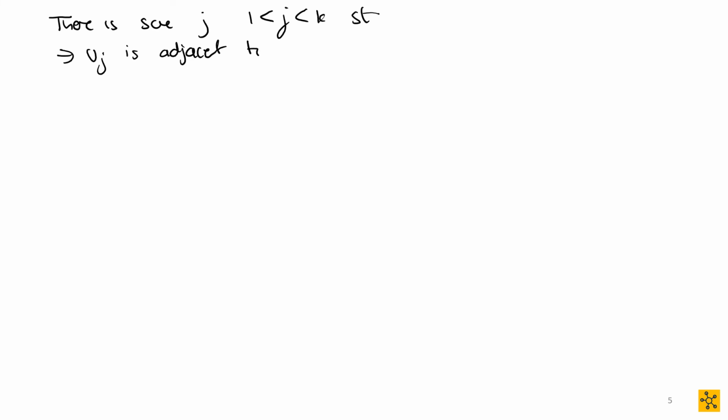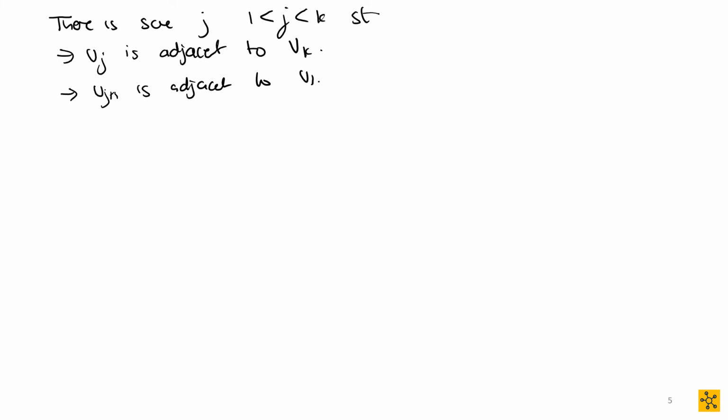We're not actually done yet, because what we've proven is that there is some j, where j is between 1 and k, such that Vj is adjacent to Vk and Vj plus 1 is adjacent to V1.